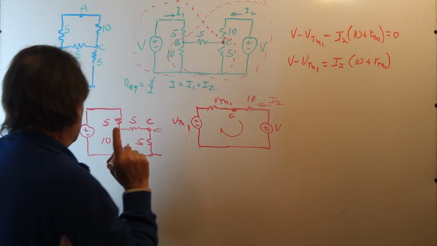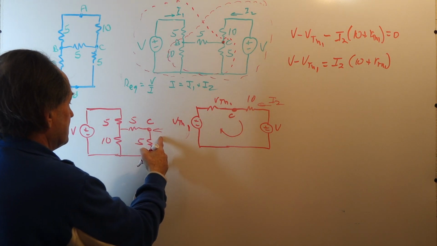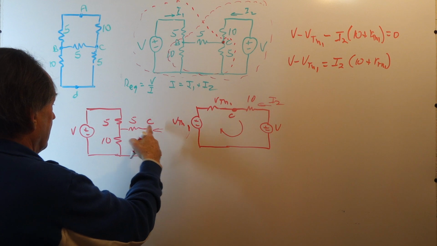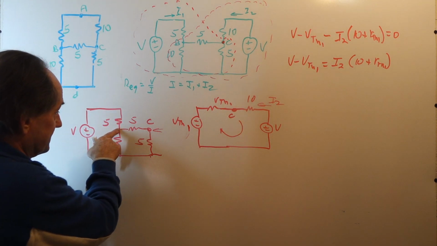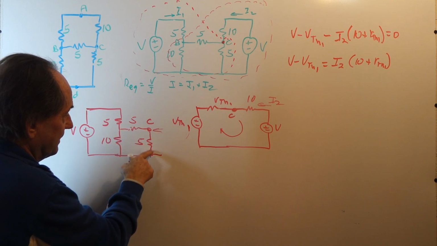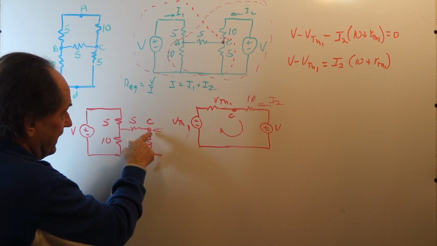So VTH1 is the open circuit voltage. Well, the open circuit voltage here is the voltage at this node dropped by this voltage divider.